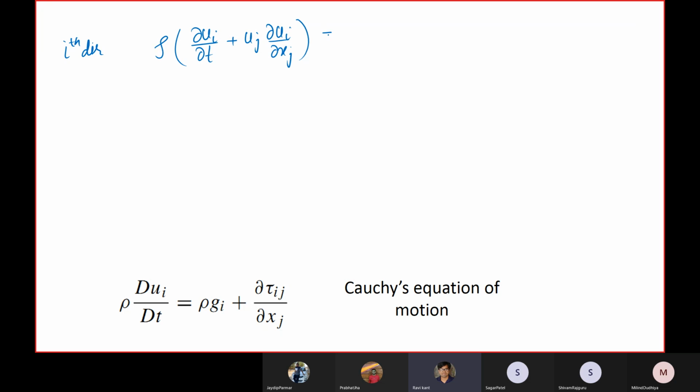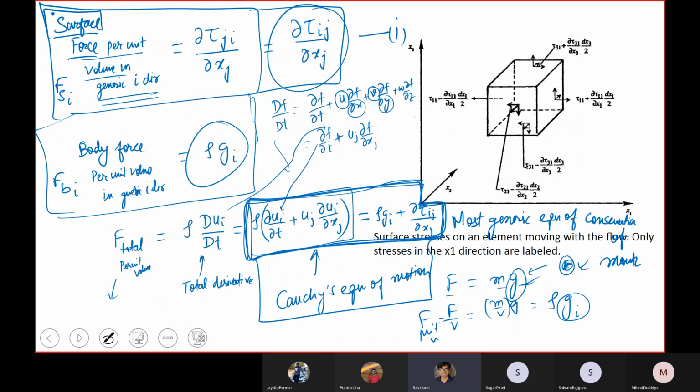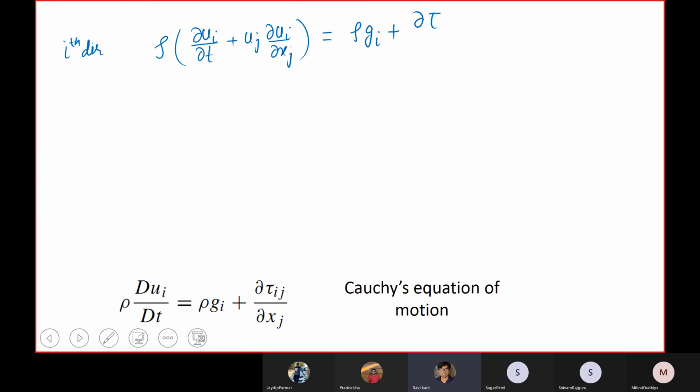This is equal to rho gi in the ith direction plus, what are the surface forces in the ith direction? Just replace 1 by i, so dou tau ji by dou xj, and this I can again write as dou tau ij by dou xj.